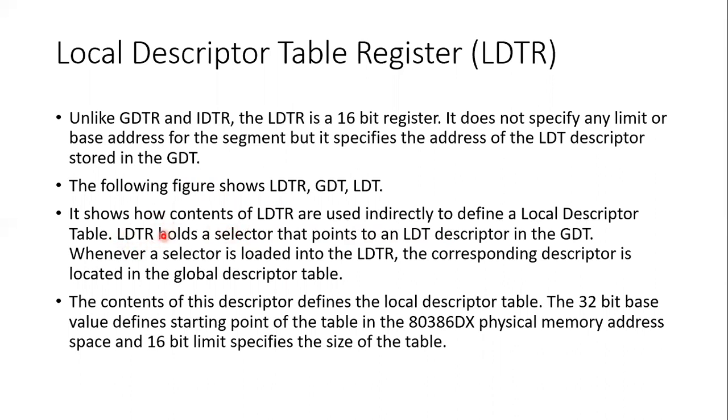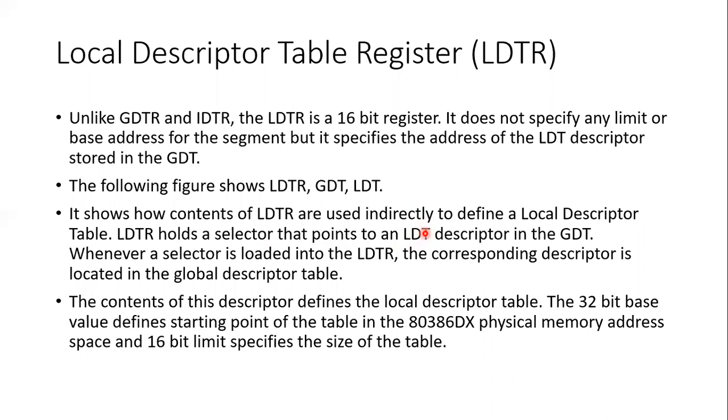This register, the local descriptor table register, will hold a selector. Why will it hold a selector? Because it will point to a particular local descriptor table. Why will it point? Because this LDT is stored in the GDT. So in order to identify the local descriptor table, the selector will point to that particular table itself.